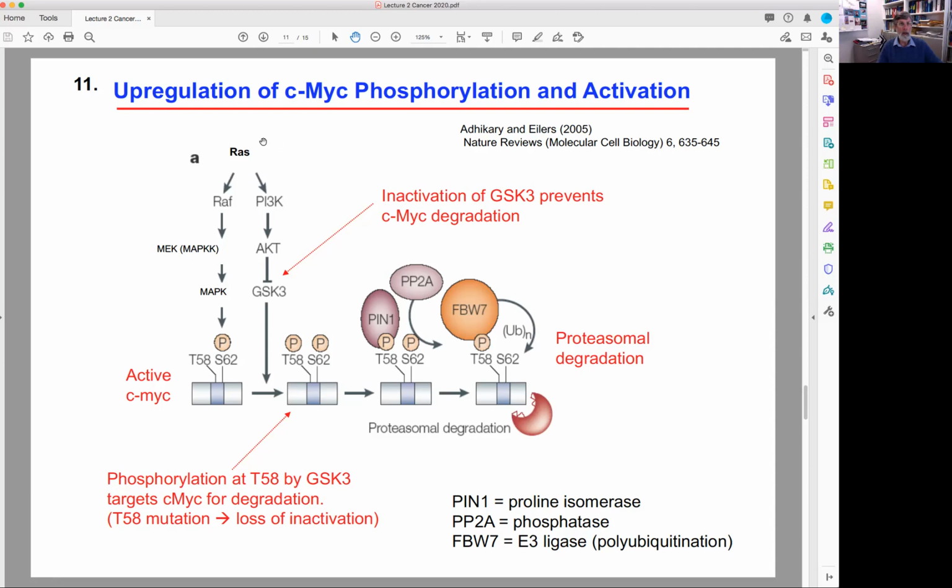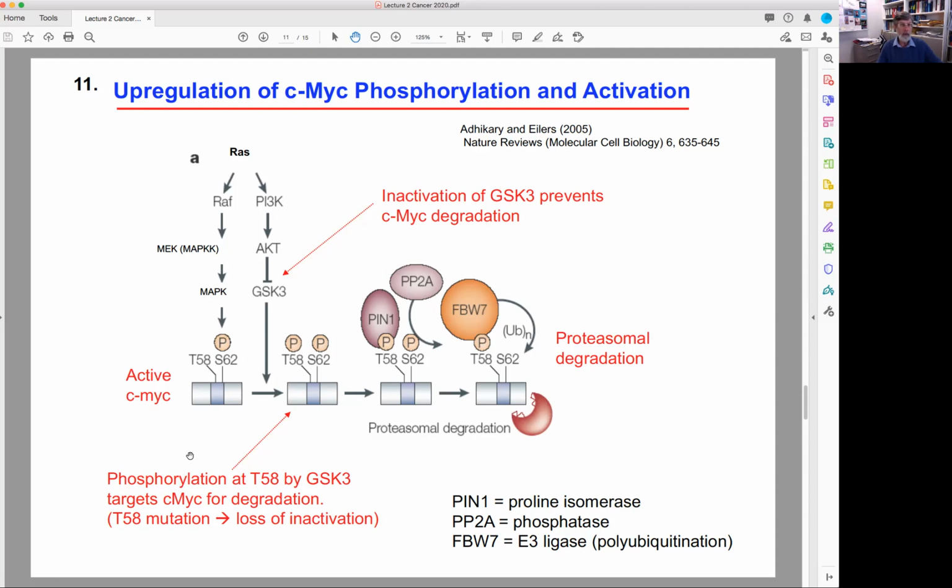So RAS, via this second pathway involving PI3 kinase and AKT, is downregulating this GSK3. So by downregulating GSK3, you're basically downregulating this inactivation pathway, so leaving more MYC in the active form, activated by this other pathway involving the MAP kinase.